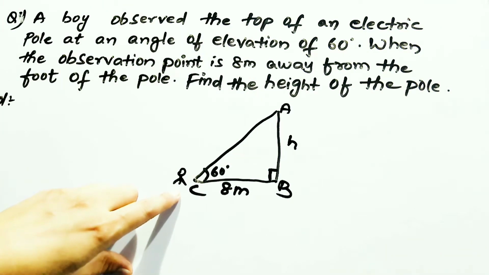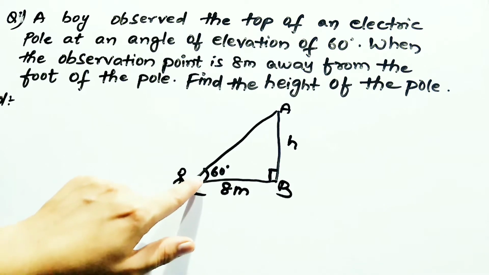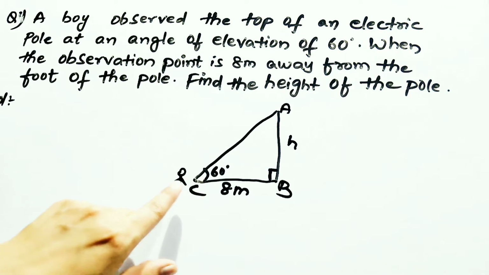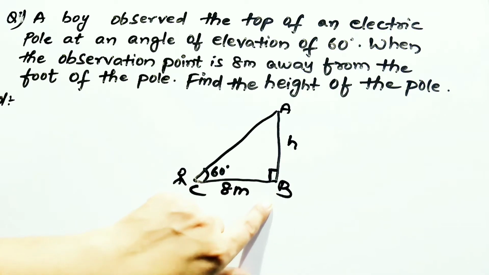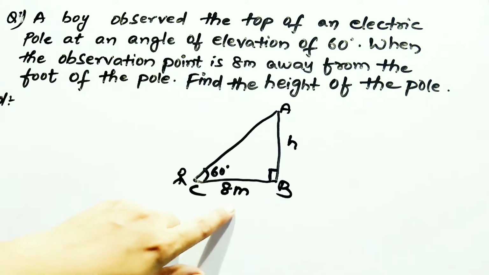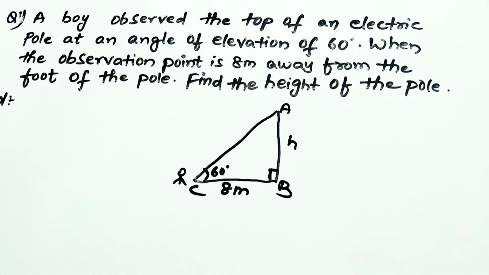Suppose a boy is standing on the ground and seeing the top of an electric pole, forming an angle of 60 degrees. The distance between the observer and the pole is 8 meters. What will be the height of the pole?